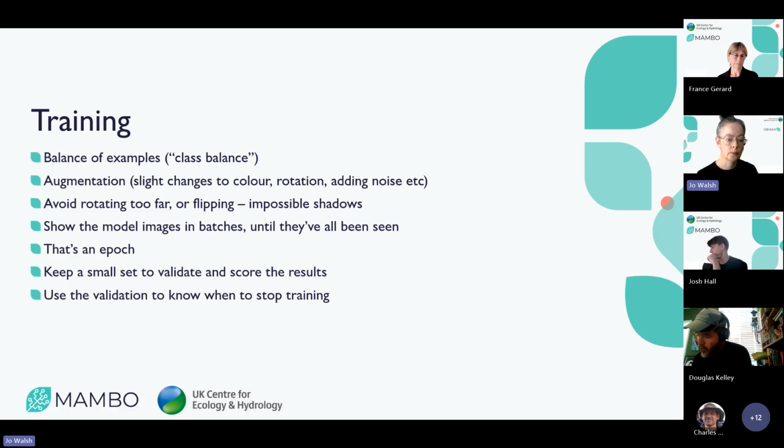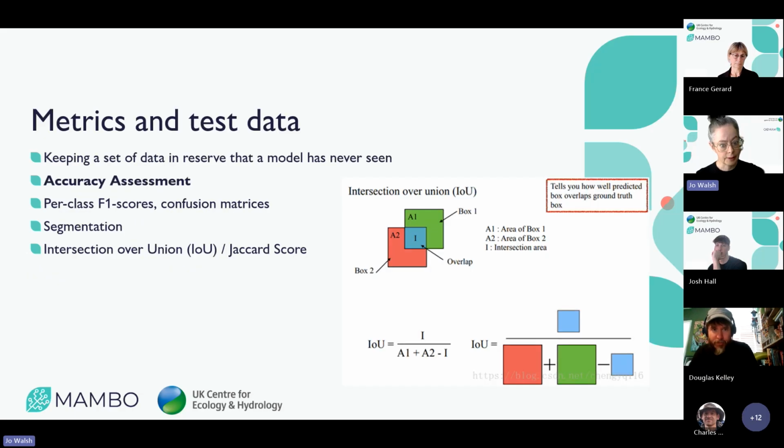Then as we train, we take our data sets, show the model batches of images until they've all been seen. That's one epoch of training, test how we're doing, and then keep going with that process until our results stop improving. So when we create our training data set, we reserve a small amount for validation so that we're able to check and test the performance of the model against a set it's never seen.